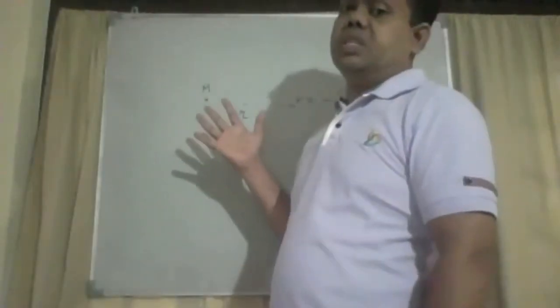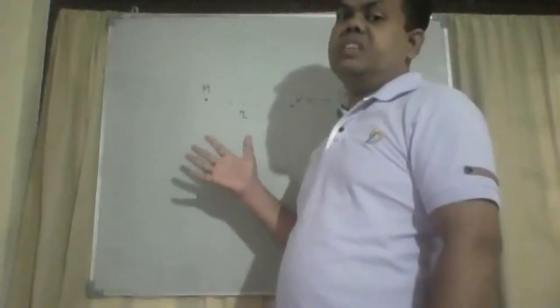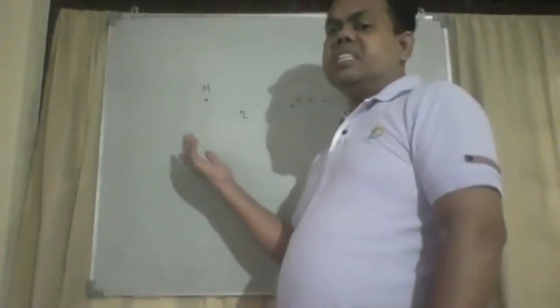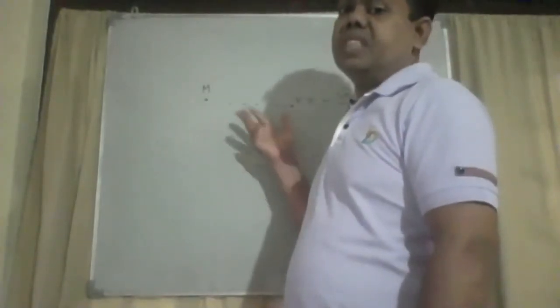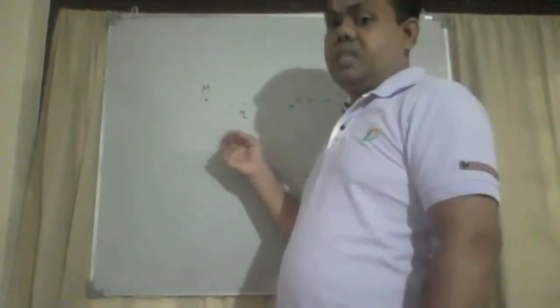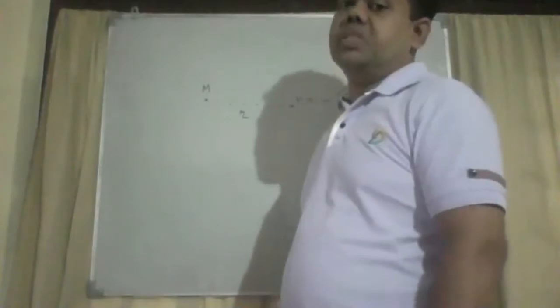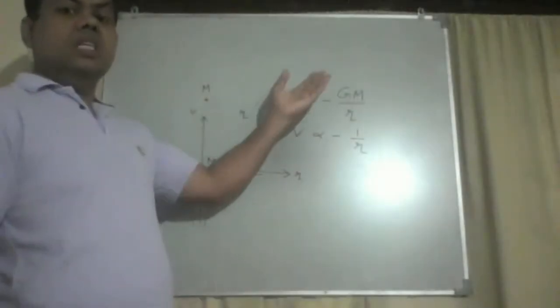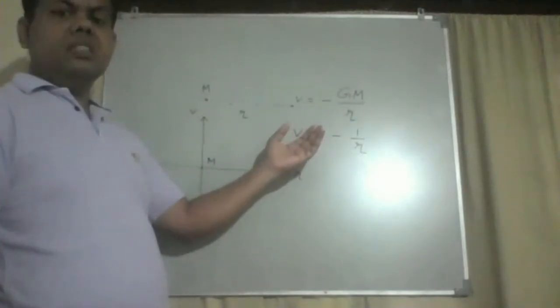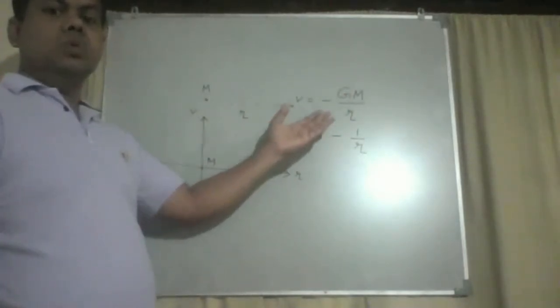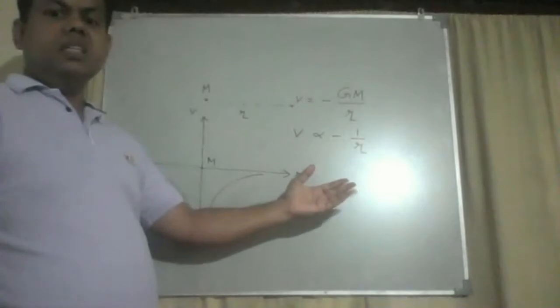The graphical representation of gravitational potential V with distance r from the center of the mass will be as follows. Since both G and M are constants, V is proportional to minus 1 over r.